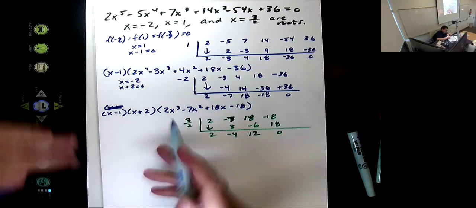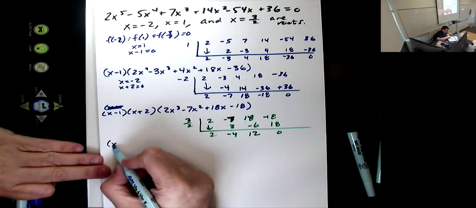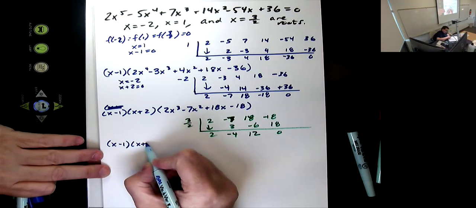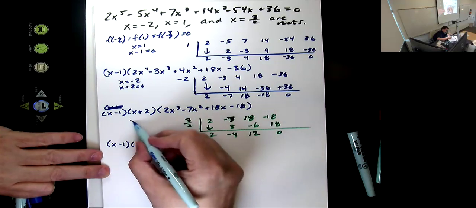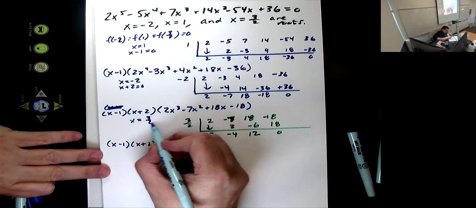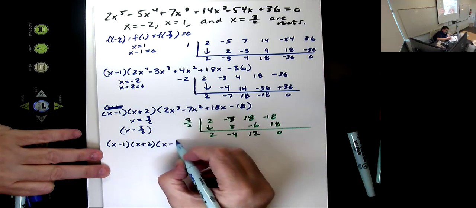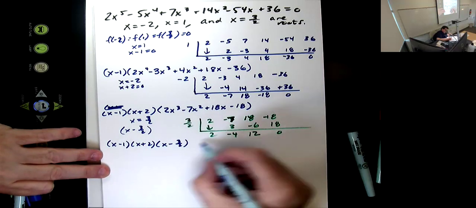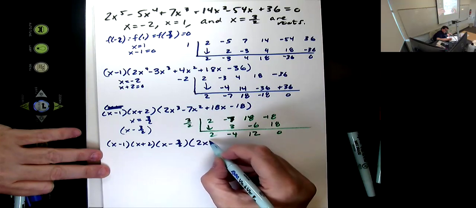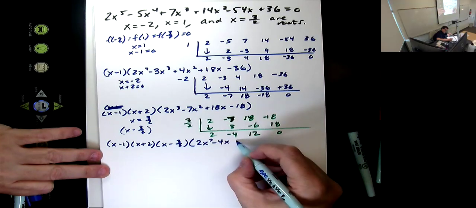So now we're down to the factored. This was x equals 3/2, so x minus 3/2. 2x squared minus 4x plus 12.